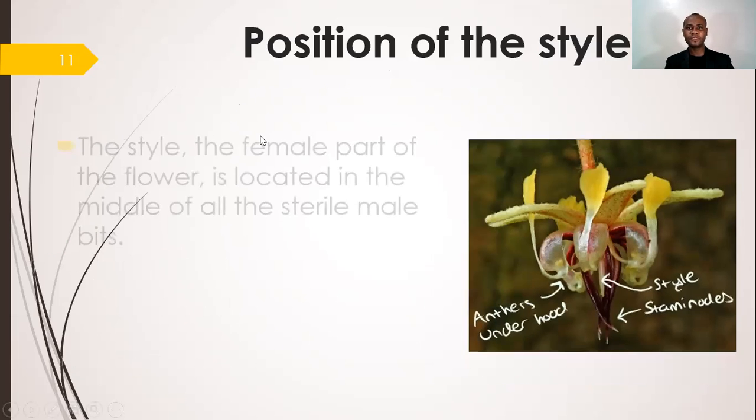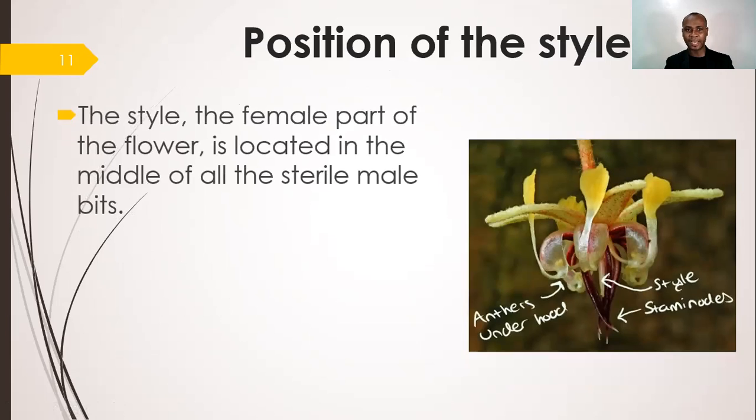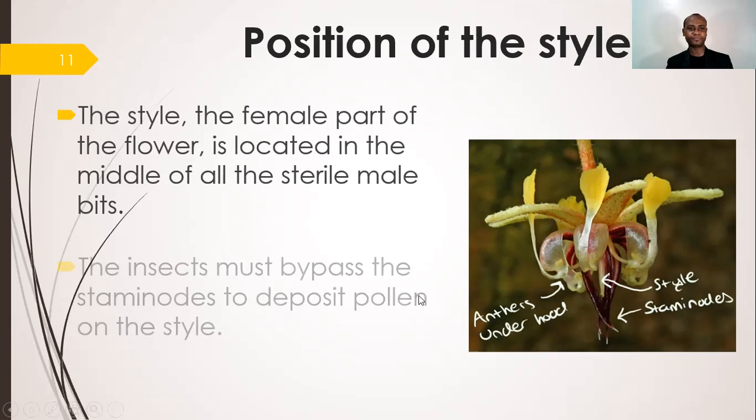Okay, now let's look at the position of the style. The style, which is the female part of the flower, is located in the middle of the spiral male bit, or it's found inside the staminodes. So this is the style here, which is also hidden inside the staminodes.